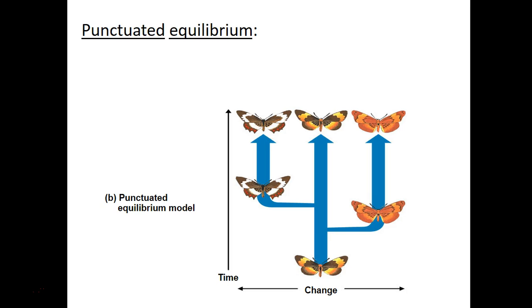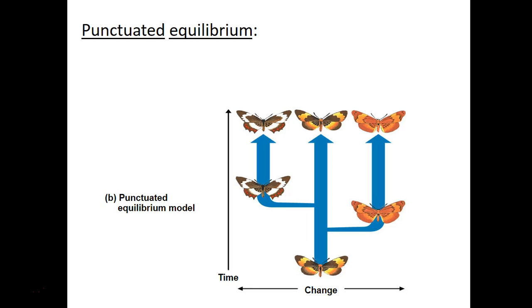We have another model for macroevolution, and that's called punctuated equilibrium. And this is where you go for eons with very little change, and then you'll have a massive amount of change happening in a small amount of time due to some very strong mutation. We find this in other groups of organisms. We have very strong evidence this can happen.